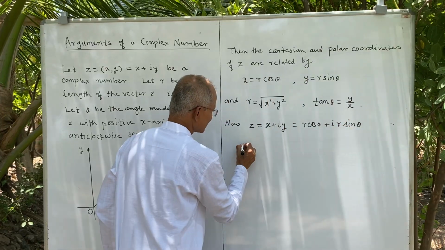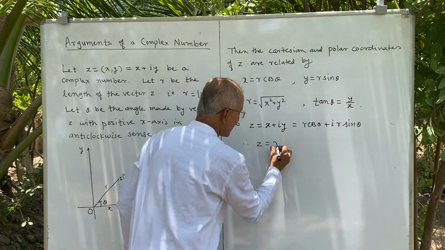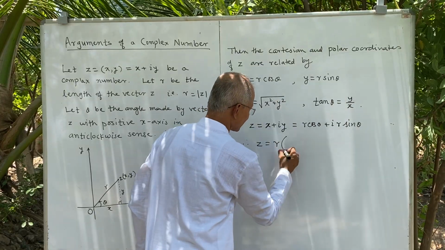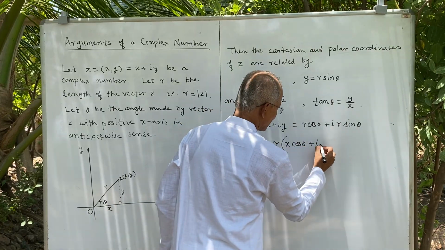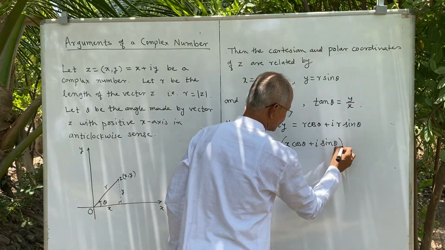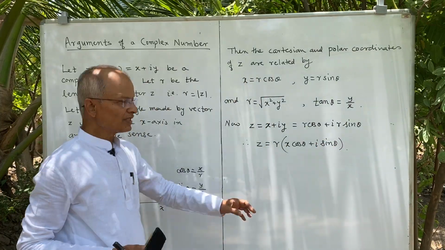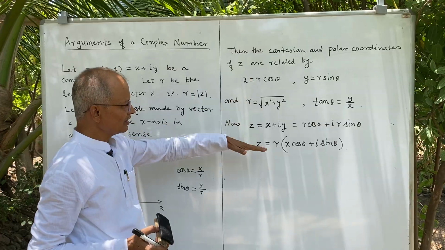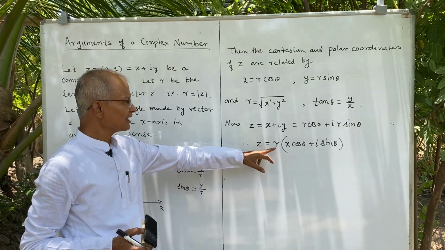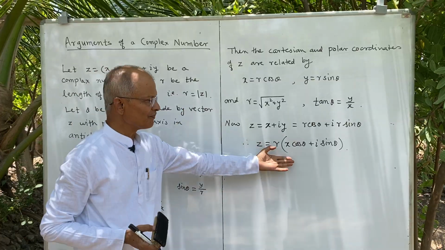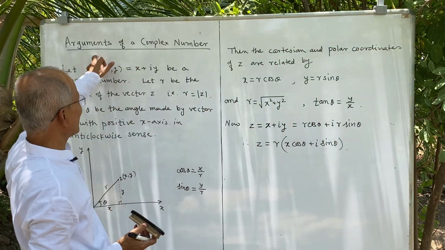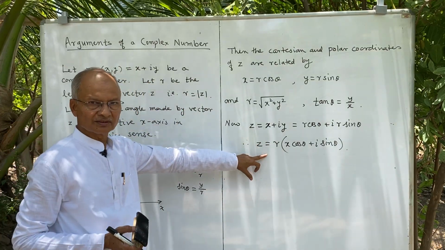Therefore the expression for z becomes r, common in bracket, cos theta plus i sin theta. So this is the expression for z. In this expression of z, r is the modulus or length of the vector z, and theta is called the argument of this complex number z.